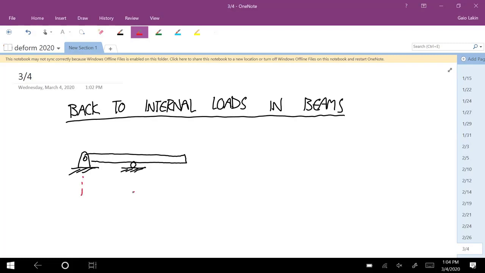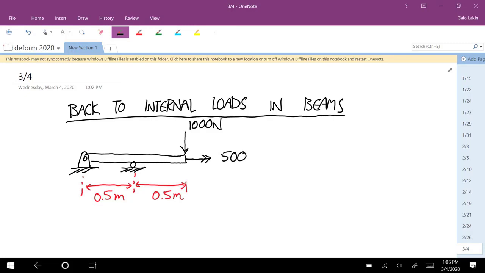This distance is 0.5 meters, and then this other half is 0.5 meters. And there's a 1,000 Newton load of downward force here. And then there's an external torque of 500 Newton meters here.